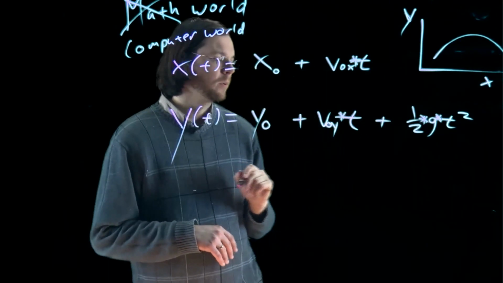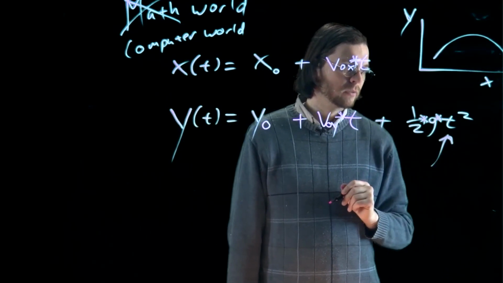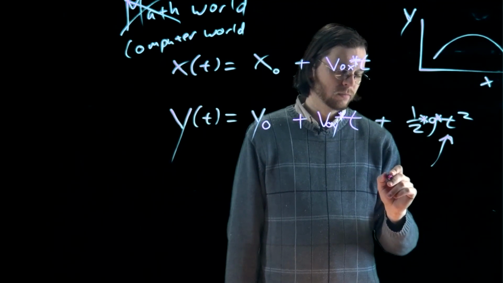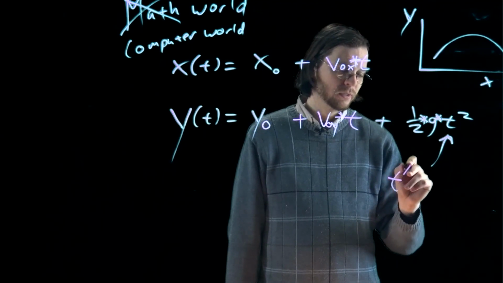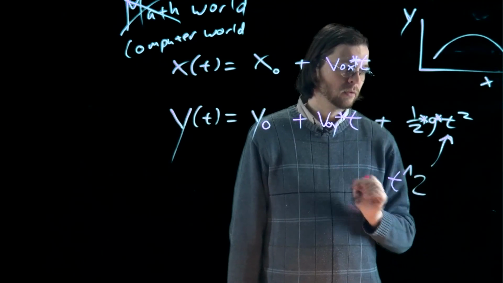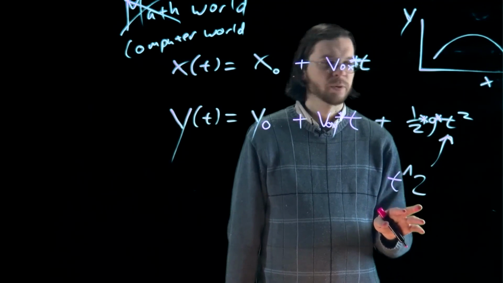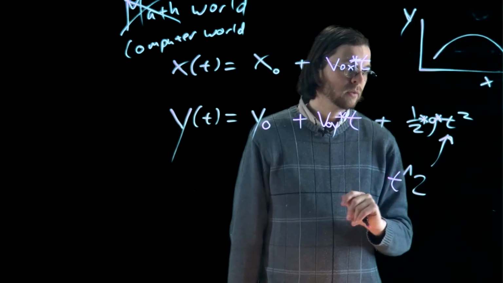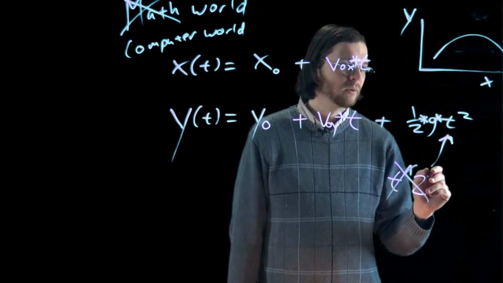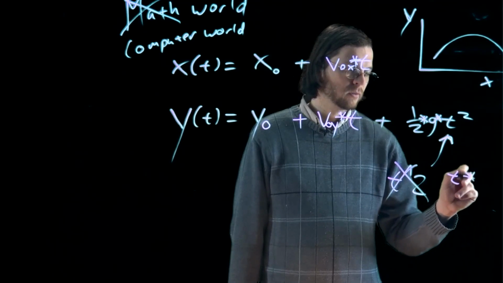The other thing you might want to bear in mind is that different programming languages treat the squared differently. Some programming languages you can do this, but not in ours. For example, in MATLAB this is fine. In Desmos, this is fine. But for JavaScript and many other languages, this is not going to work. So instead, what you should do is t asterisk t.